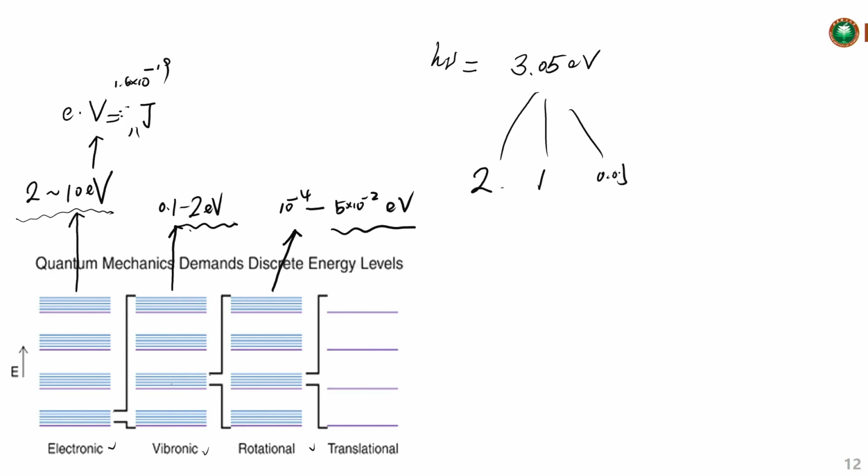So if an electronic transition occurs, it corresponds to vibrational transitions and rotational transitions together. If there are only vibrational transitions, then the rotational transitions follow as well, but without the electronic part.